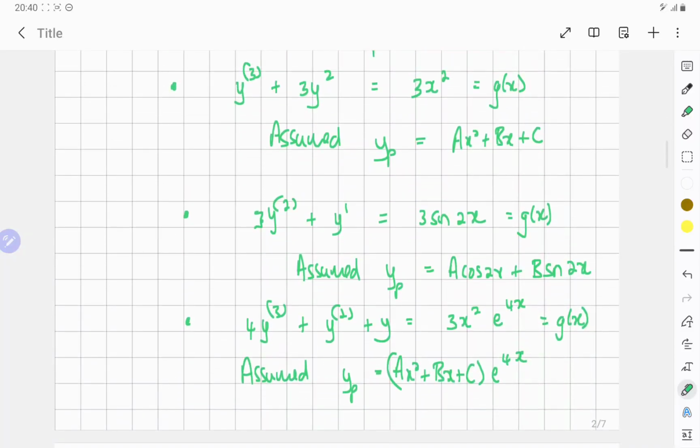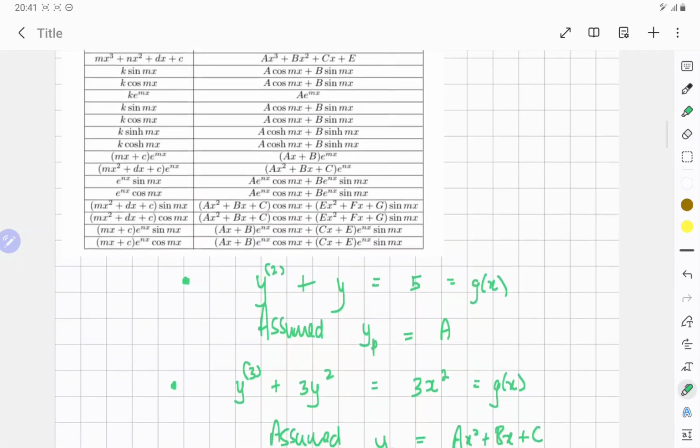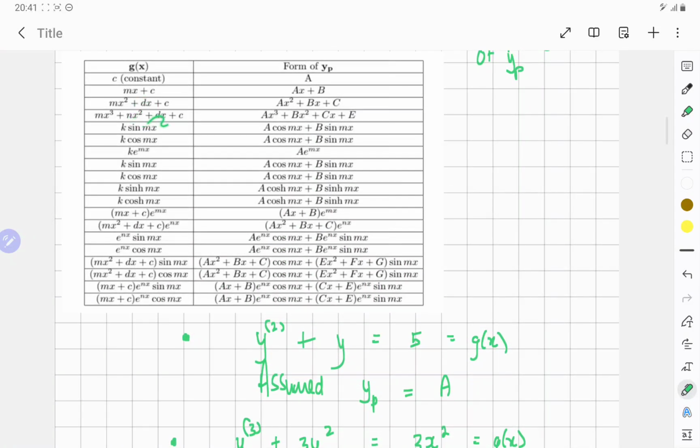Now, this is one of the forms that you really have to study so as not to get confused. If we have our differential equation and our g(x) is 3 sin 2x, now let's look at the table. If we have 3 sin 2x, the corresponding form of y particular will not only be a sin 2x, but you also add b cos 2x.